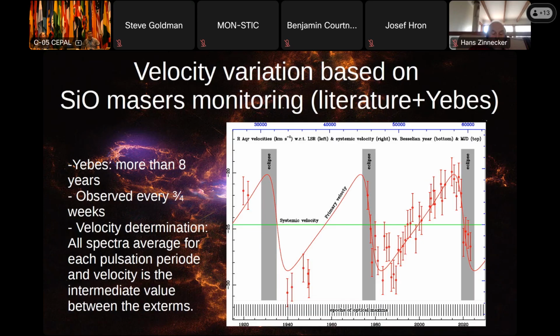The green line is the system velocity, and the red points are our data. What we have made is to average all the spectra from each pulsation period, and we took the velocity in the intermediate value between the extremes.